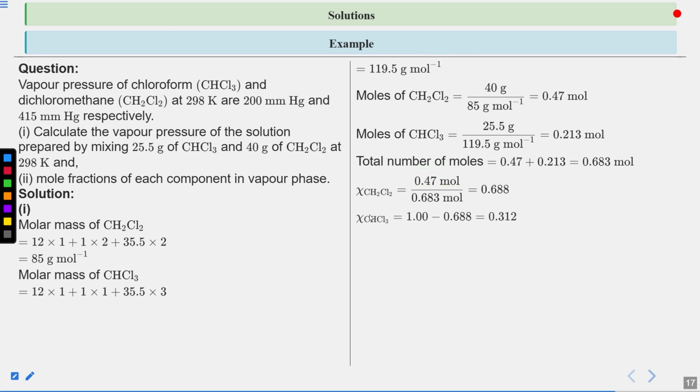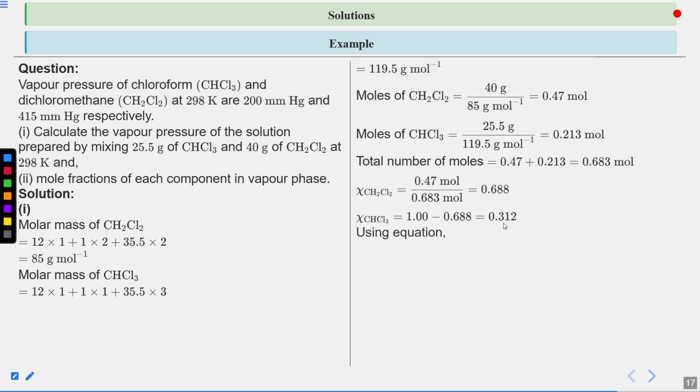Similarly, for trichloromethane, we can subtract 0.688 from 1 and get 0.312. Again, this is the application of mole fraction, chi1 plus chi2 equals 1.